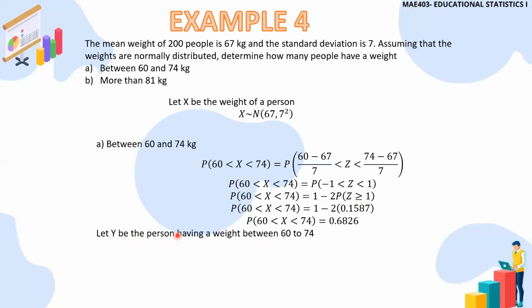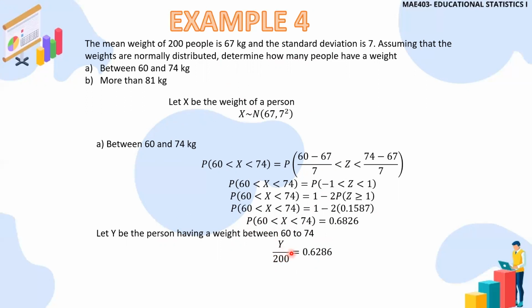Next, let Y be the number of people with weight between 60 to 74. So Y over 200 is equal to 0.6826. This is because the question asks you how many people, not the probability. So once you have found the probability, remember the probability is the number of the event divided by the total number.